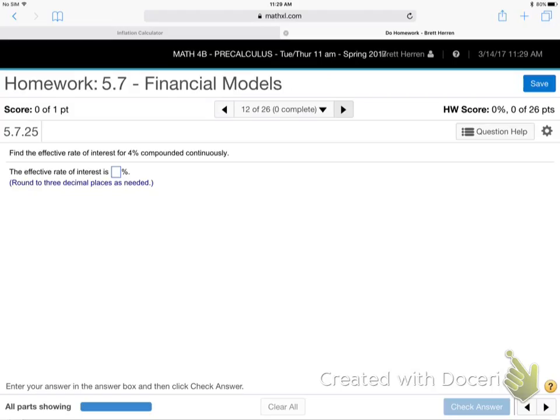All right, try that one. Give you a second. Effective rate, 4% compounded continuously. So it's going to really be a little more than 4%, the real effect. Which formula are we going to use on this one? Yeah, compounded continuously. This is the PERT one, isn't it?